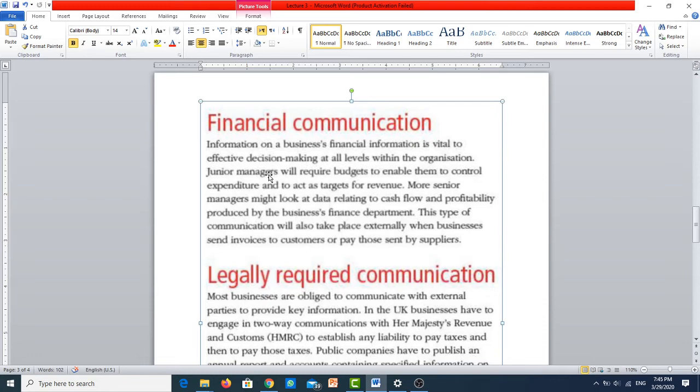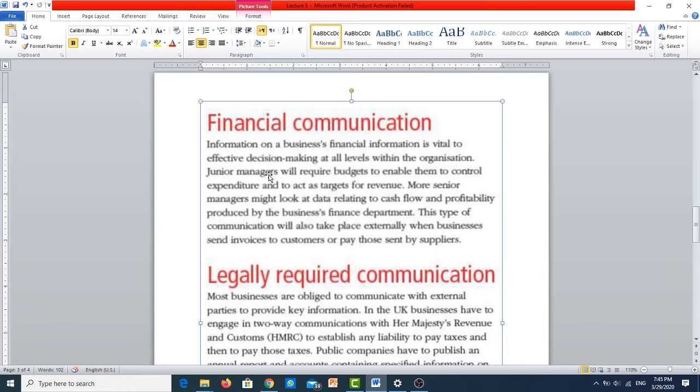And if these people prepare a proper budget, and these budgets go through the different managers, they all work with these budgets. What are our revenues? What are the expenditures? What are our cash flows?